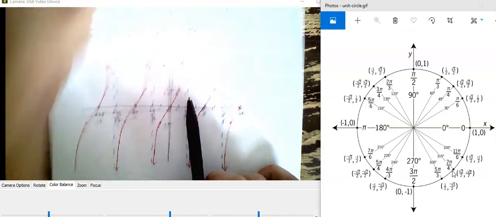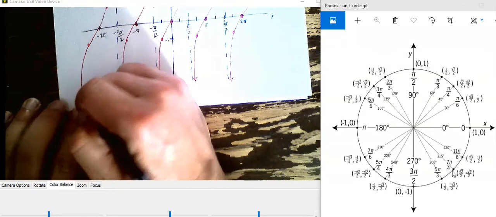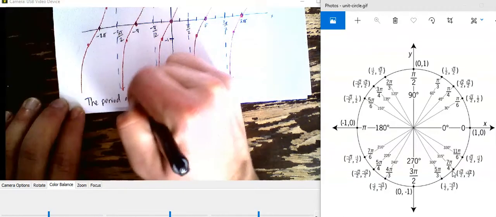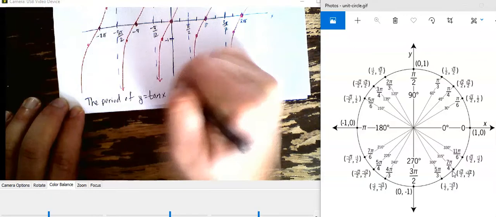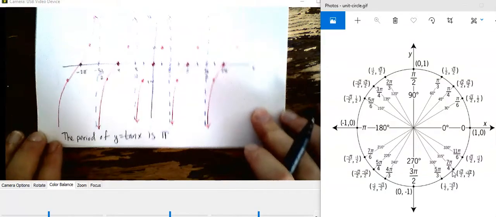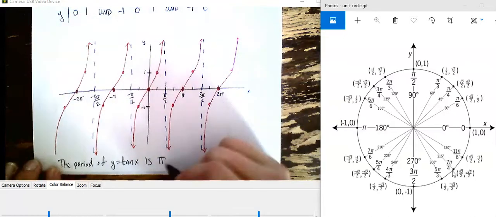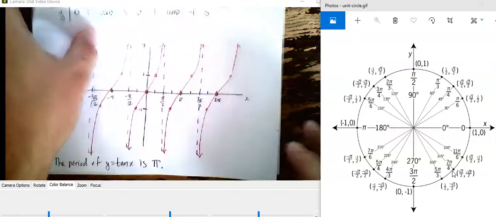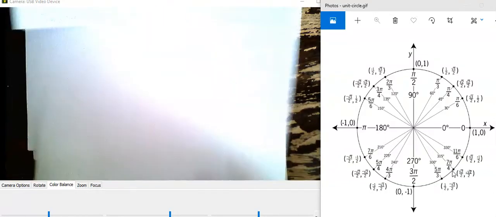So what we want to say down here is the period of y equals tan x is pi instead of 2 pi, right? We can also look at the x-intercepts and where the asymptotes occur, right? So let's look at that.